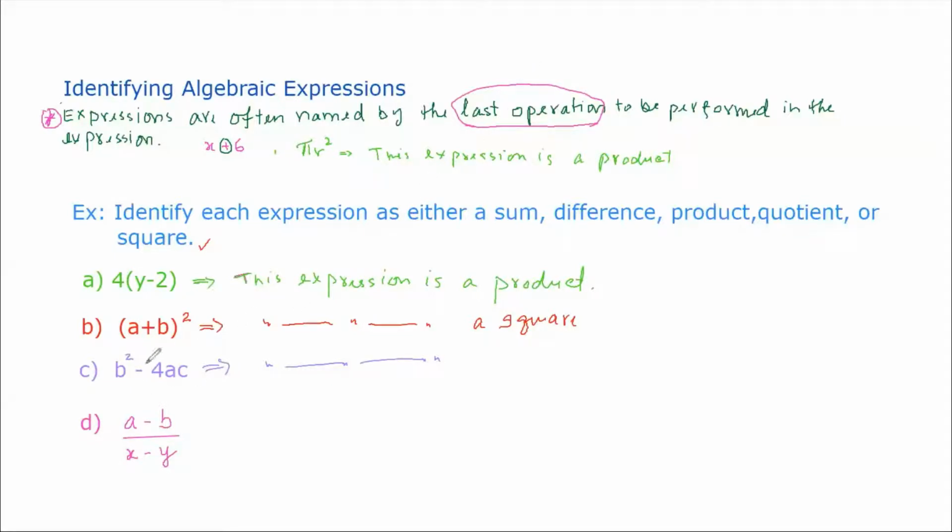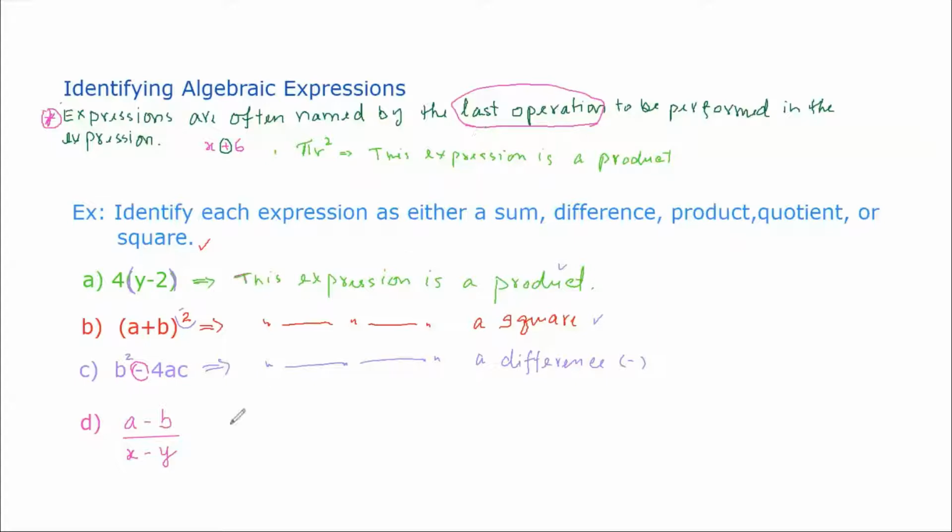So this expression is a difference. Difference means minus, the subtract sign. Square means the power 2 here. Product means times, and the times is the last one.